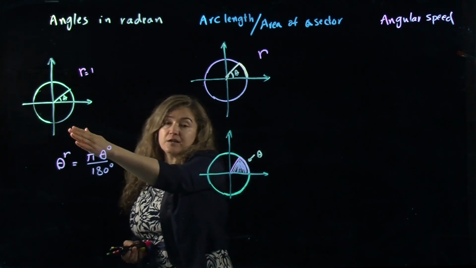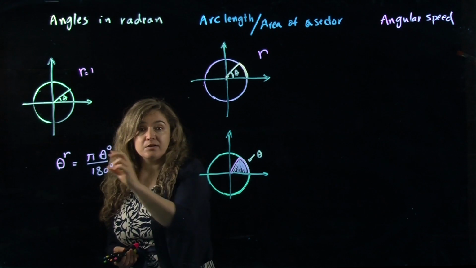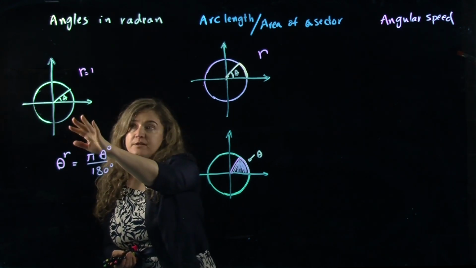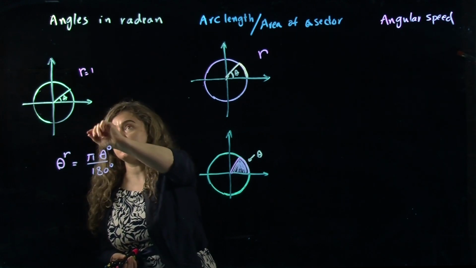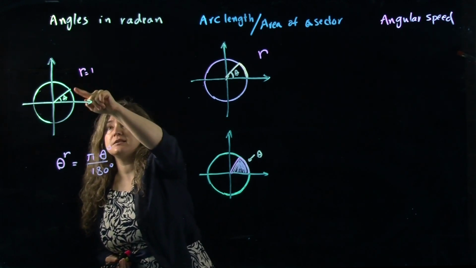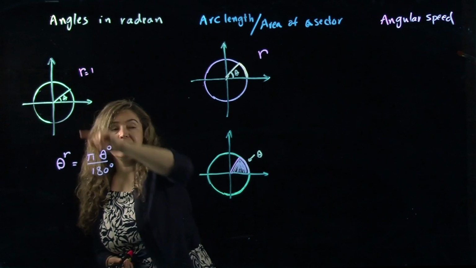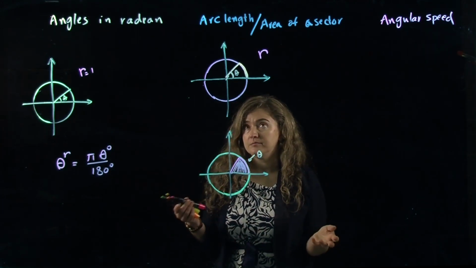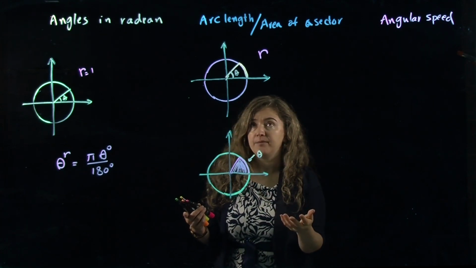If you go back to the unit circle and the logical definition, not the formal definition, we discussed that this arc length is equal to theta.